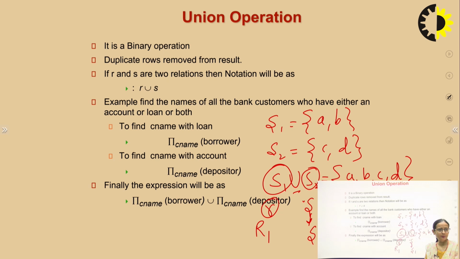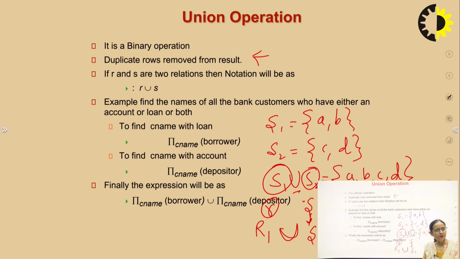Now it will combine both results, so the output is a combination of these two relations. The union operation is a binary operation. Duplicate rows are removed from the result. Very important: when you do a union, some duplicates might come in your relation. In that case, duplicate rows are automatically removed from the result.